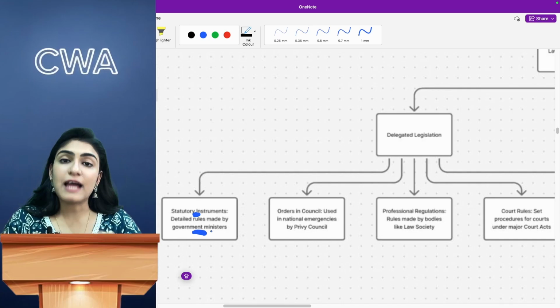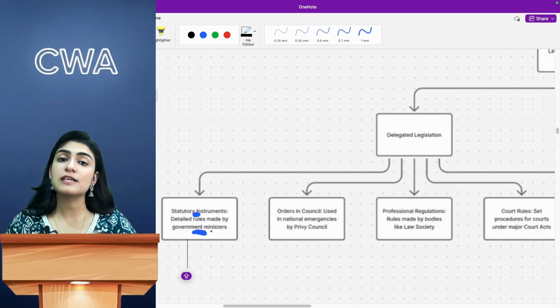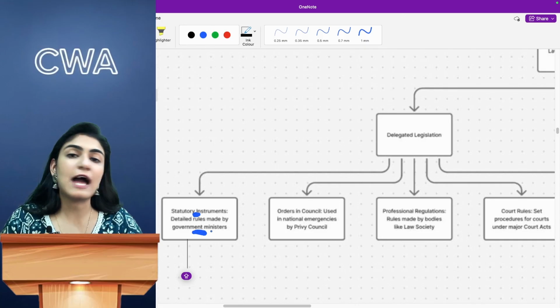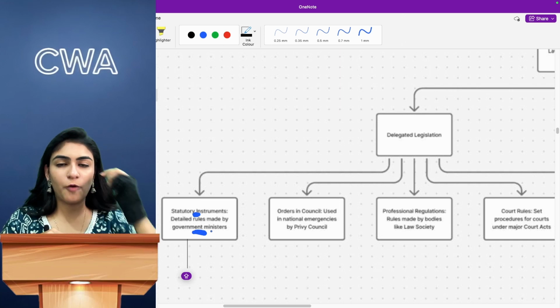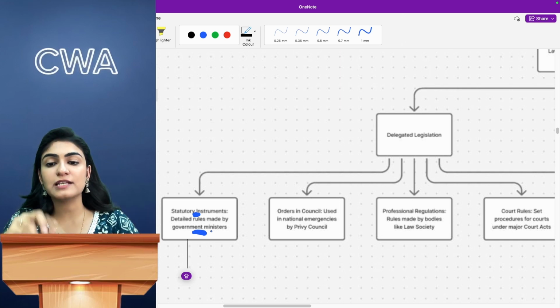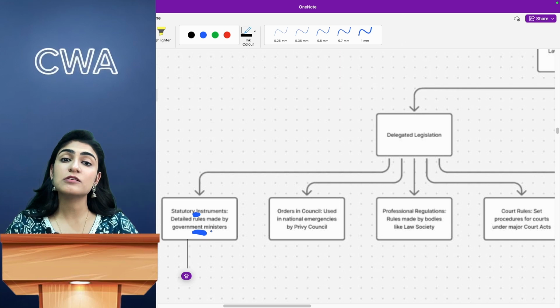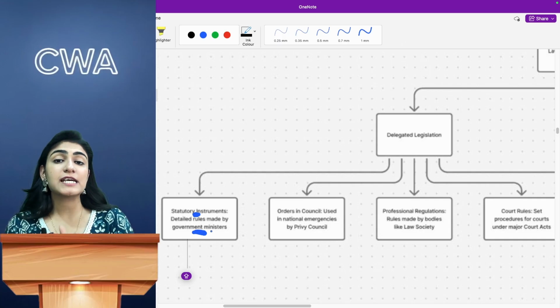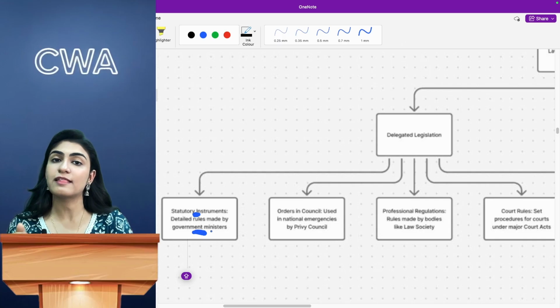That is where there are people selected by them who have the right to make law. In statutory instruments, people actually go into detail, analyze various situations, and then make law.